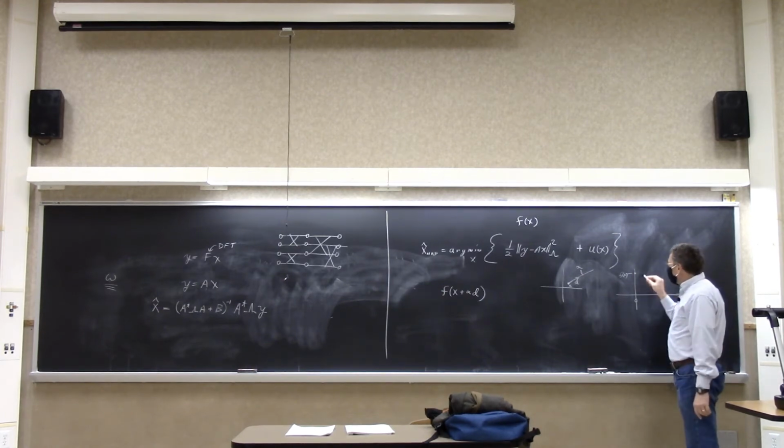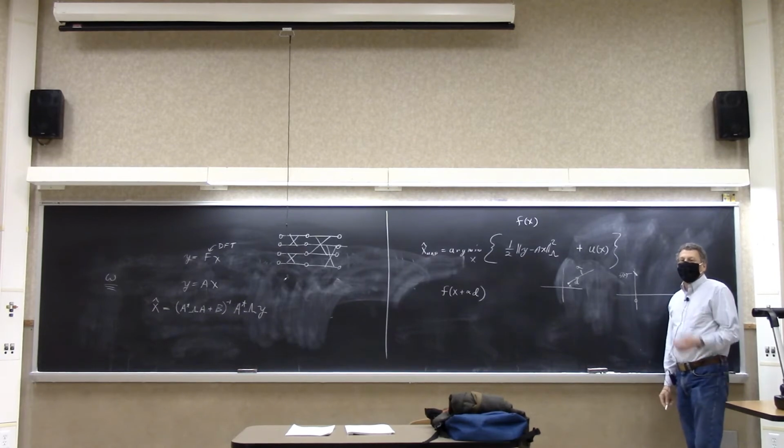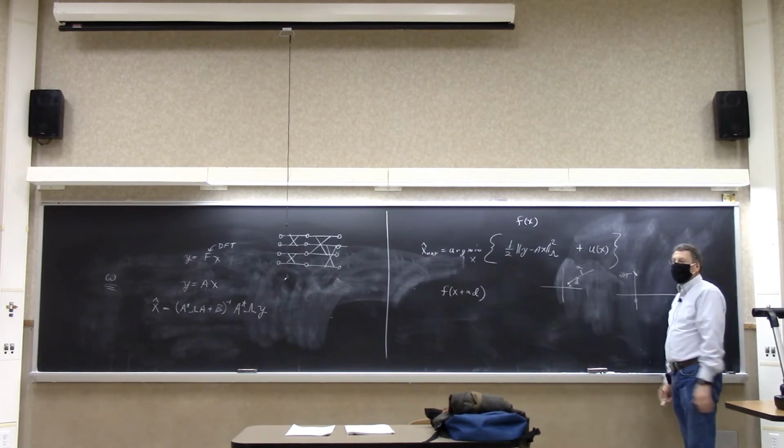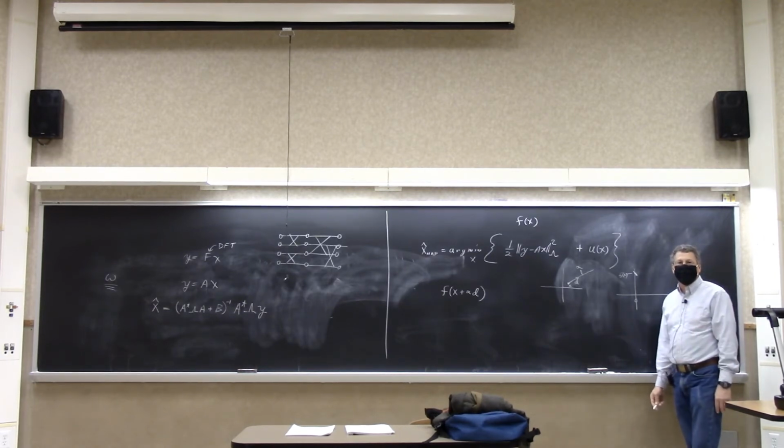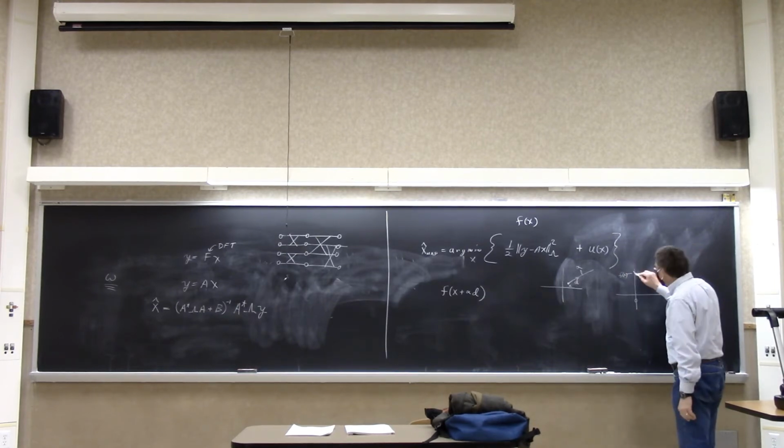Now, the slope has to be negative here, because I'm not going to accept those that have a positive inner product with the gradient, because that would be silly. Don't take that value, okay? So you're going to make sure that the gradient's negative there. So that means you have to start off going down, right?